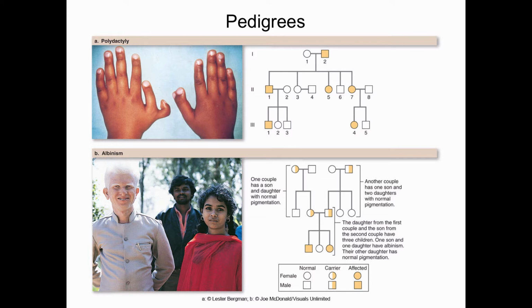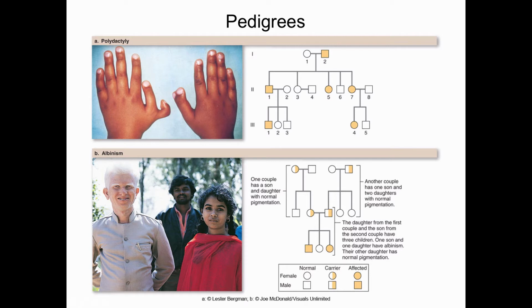A line connecting the circle and the square indicates that these two have reproduced, and the line that comes off attaches their children. So these two people have one male child, one female child, another female child, another male child, and another female child. That is 5 children.